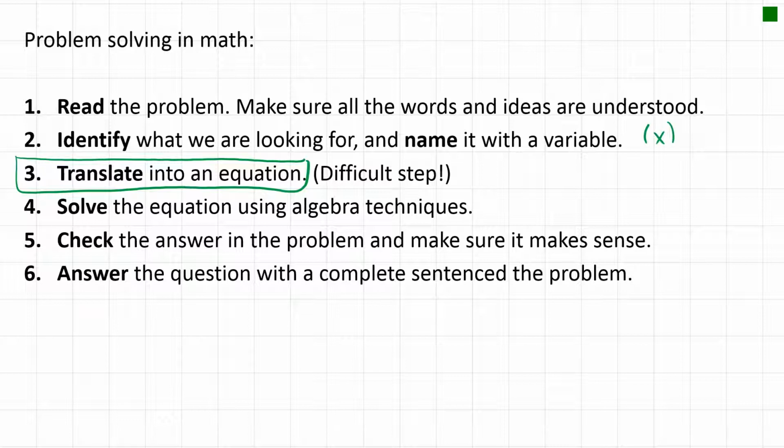Then after the problem has been translated into an equation, we just solve it using all those techniques we've been learning. After you have a solution, you check: does that answer make sense given the context of the problem? And finally, answer the question with a sentence. So those are the steps we're going to be following here.